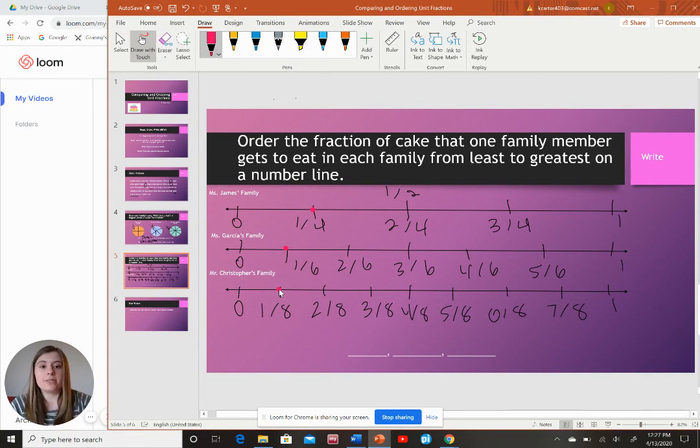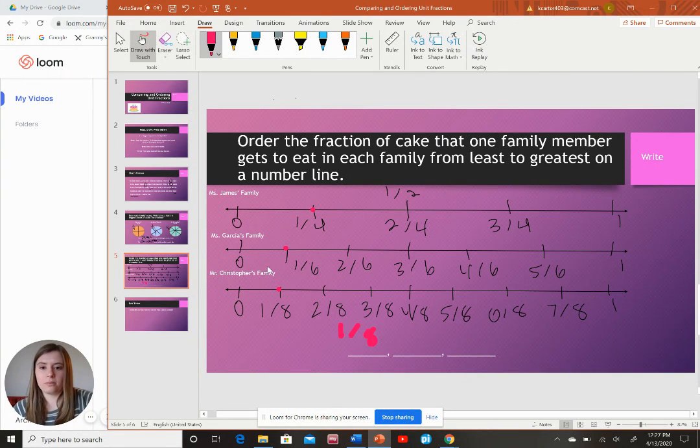All we have left to do is order the fractions based on these number lines from least to greatest. So if you look, I want you guys to see which family had the smallest pieces. And it looks like Mr. Christopher's family, his 1/8 is the closest to 0 compared to the other 2 number lines. So their family had the least.